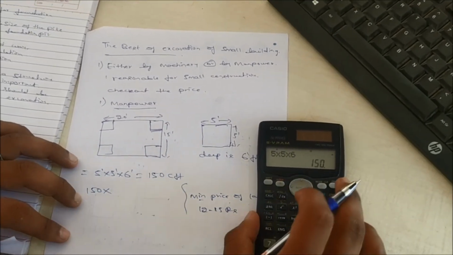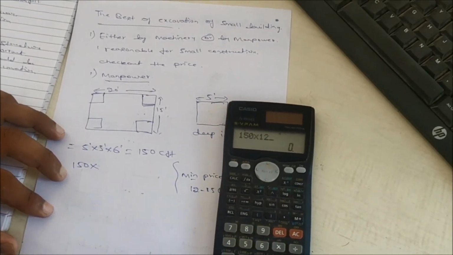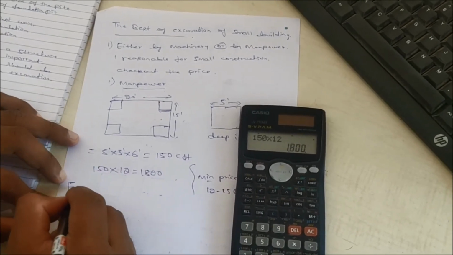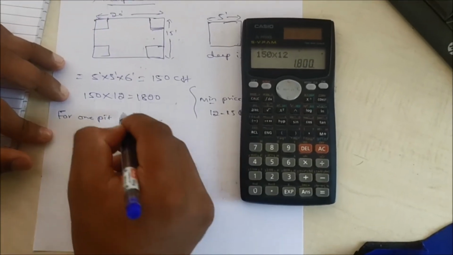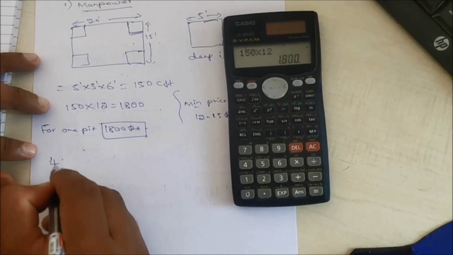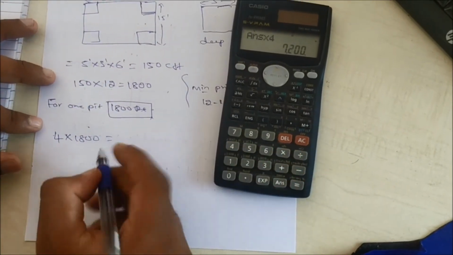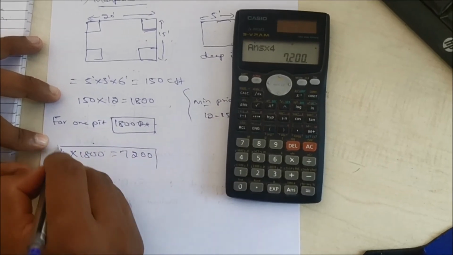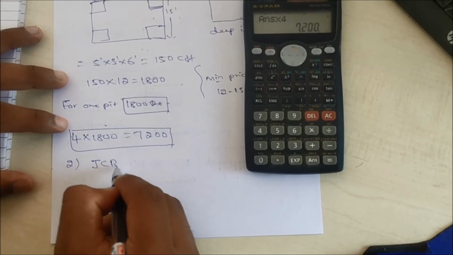I will take 12 rupees minimum, so 150 into 12 is 1800 rupees for one pit. For 4 pits, 4 into 1800, it will come around 7200 rupees.